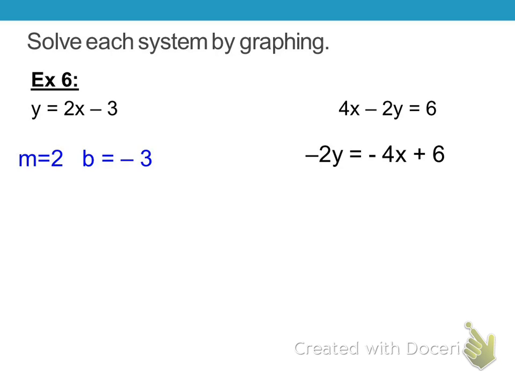Subtract 4x from both sides. Then what? Divide by -2. Uh-oh. What's happening? Same slope. Yep, they have the same slope and the same y-intercept. So when I graph these, what's going to happen? They're going to be the same line. Okay?